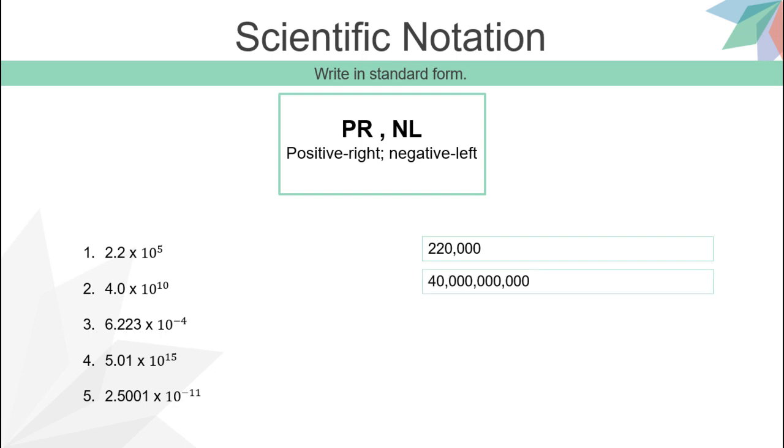Next, 4.0 times 10 to the power of 10, so it moves to the right. Then, with a negative 4 exponent, we move to the left. Starting from the 6, you move the decimal 4 times: 1, 2, 3, 4. That's why there are 3 zeros.